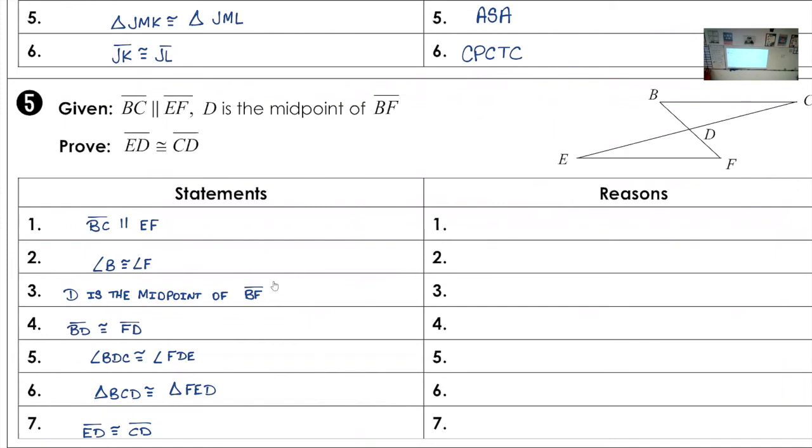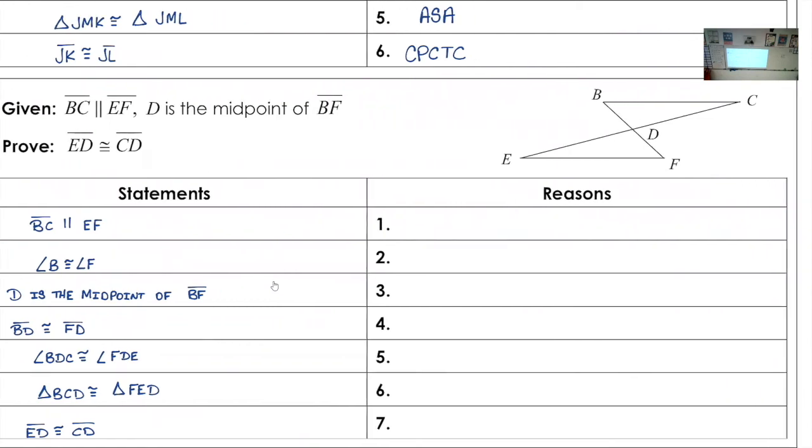BC is parallel to EF. What did I tell you guys about parallel? What should we think when we hear parallel? Alternate interior or corresponding. It's probably one of those two relationships. How do we look for alternate interior angles?